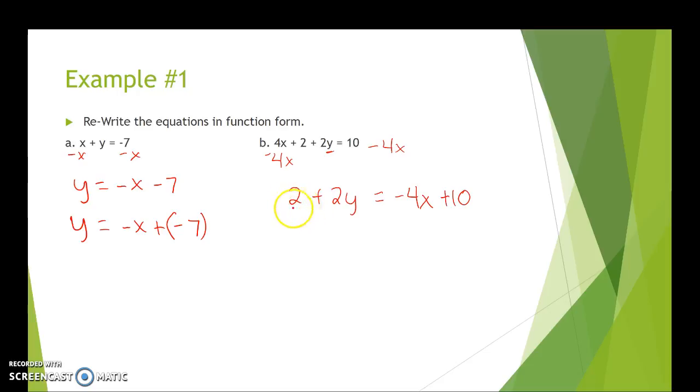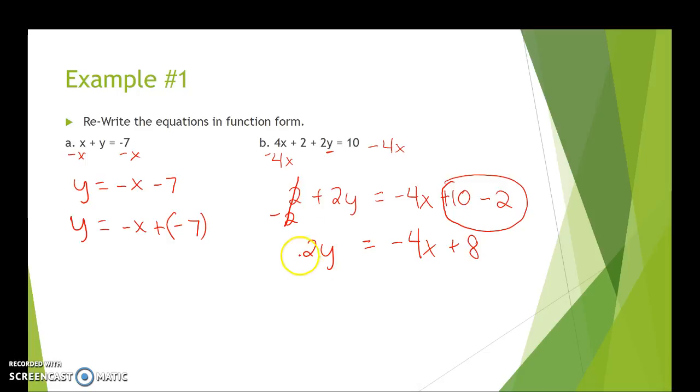Now I'm going to take care of this 2 by itself, so I'm going to subtract 2 from both sides. On the left side it cancels, so I have 2y equals negative 4x. Now 10 and negative 2, we can combine because those are like terms. So that's going to give me a plus 8.